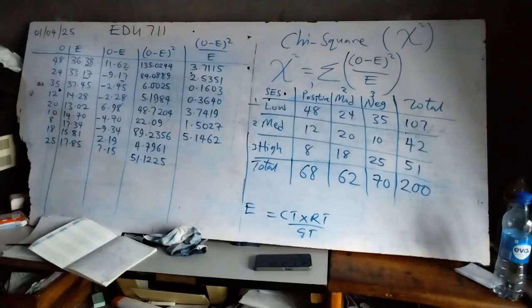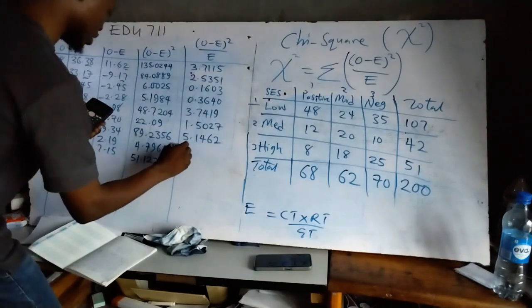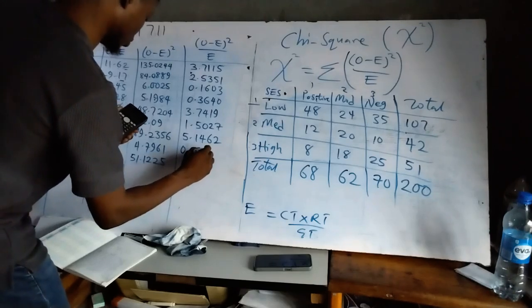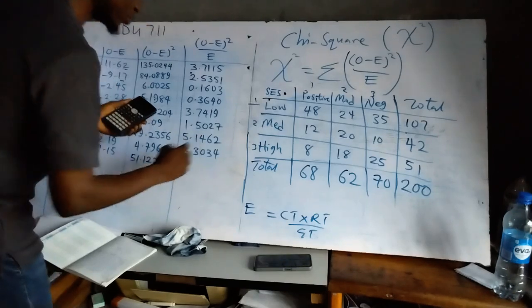So we have the next is 4.7961 divided by 15.81, and that is equal to 0.3034.